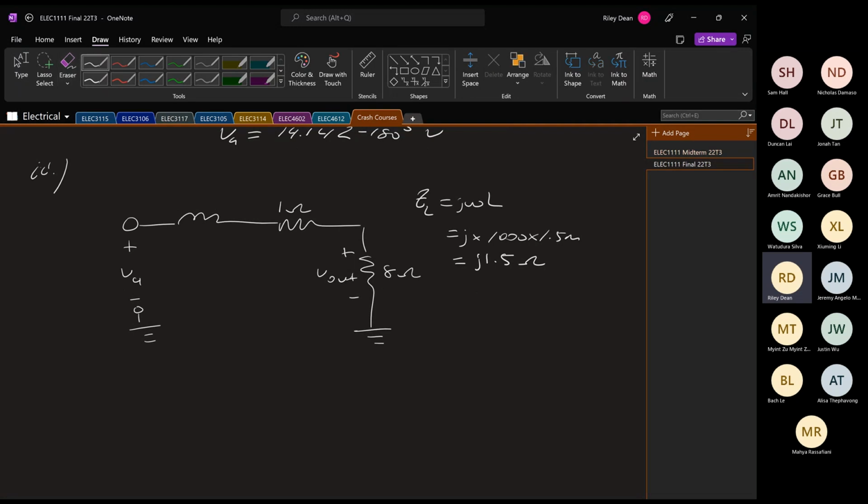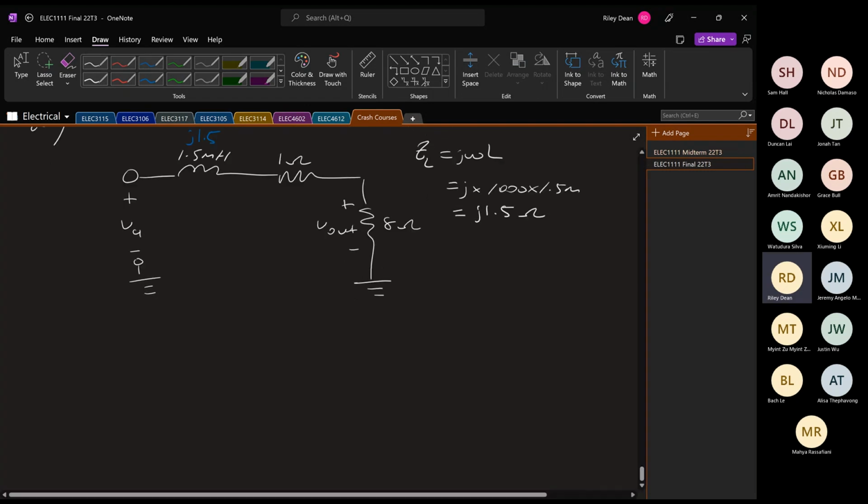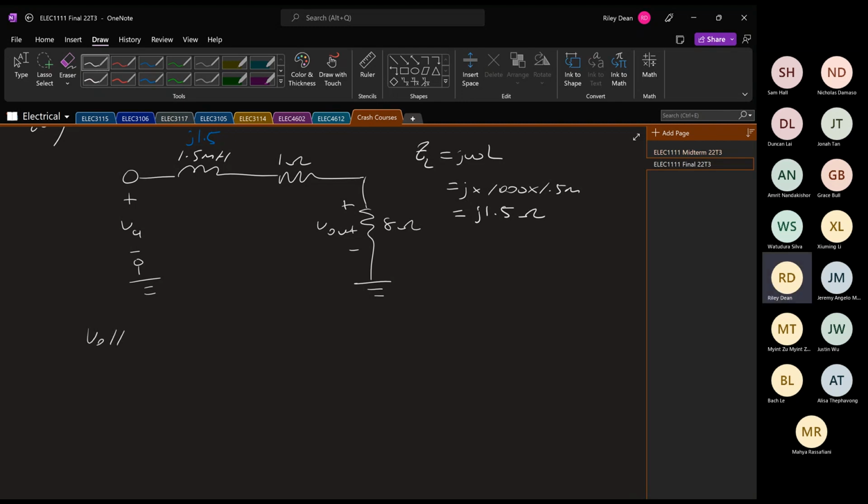What I'll do is I'll leave that, but I'll put it above. Now what we can see is that instead of doing anything fancy in terms of finding currents, all we actually need to do now is just use a voltage divider.